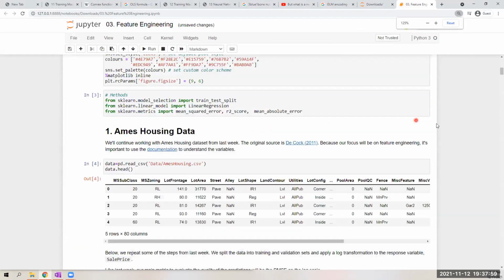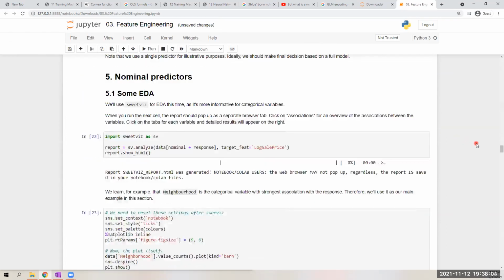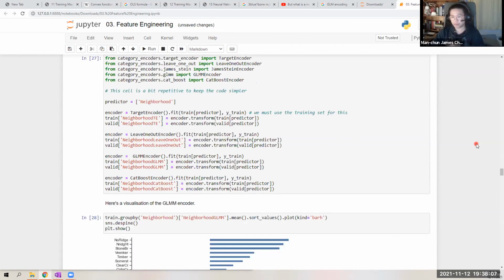It's about the target encodings. After we do the target encoding, we group by our new features and compare with the original ones.